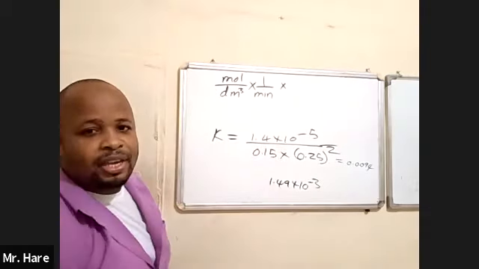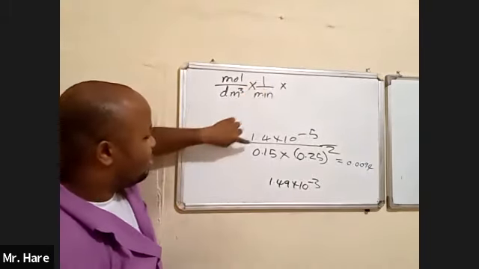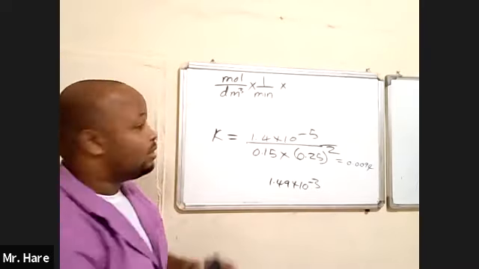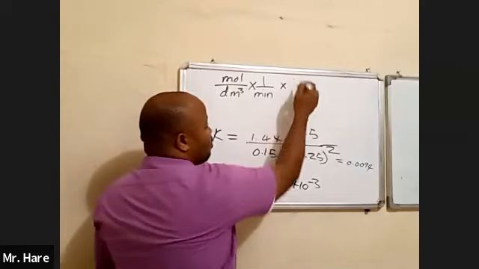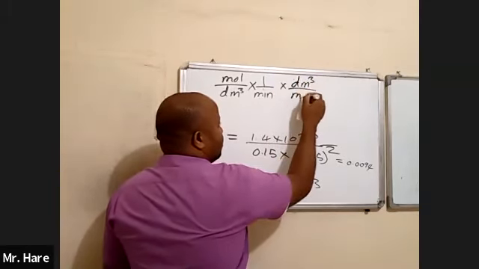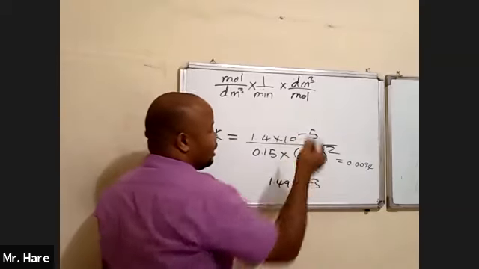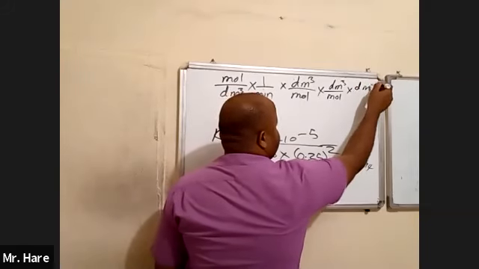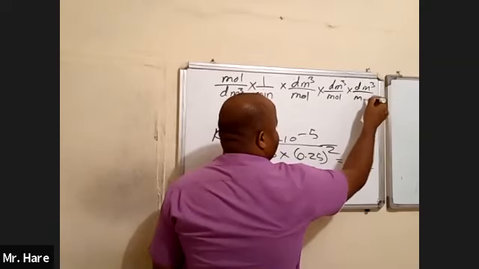Where I have the multiplication sign, it would have been division, but we have to flip it. So mole over dm³ becomes dm³ divided by mole. It's basically like fractions.